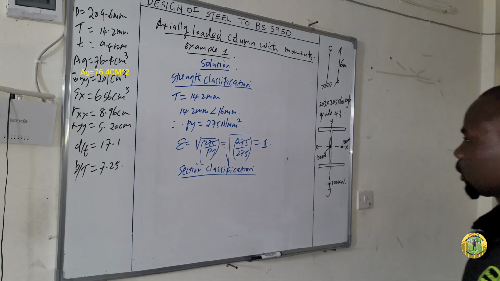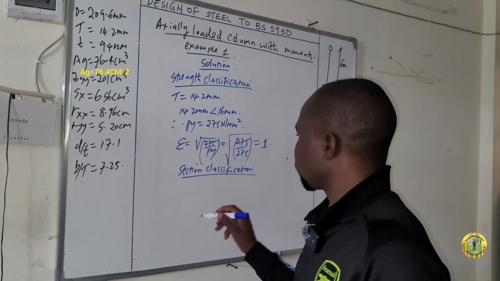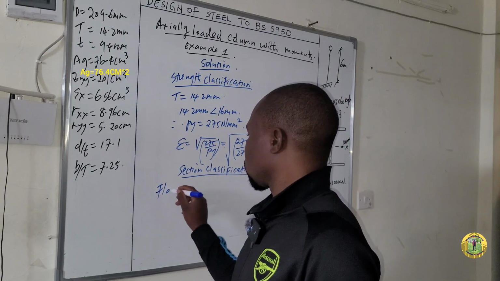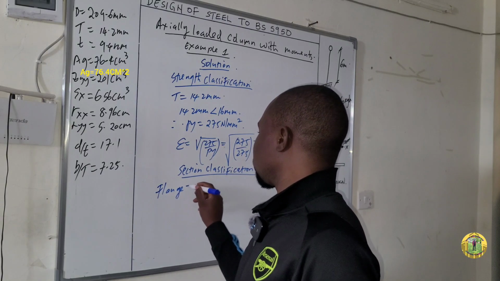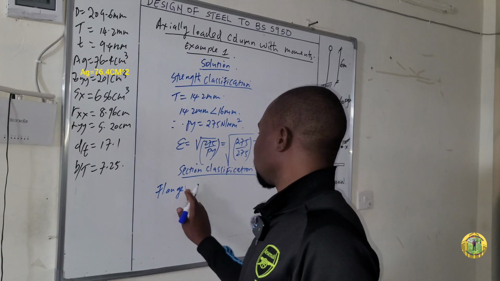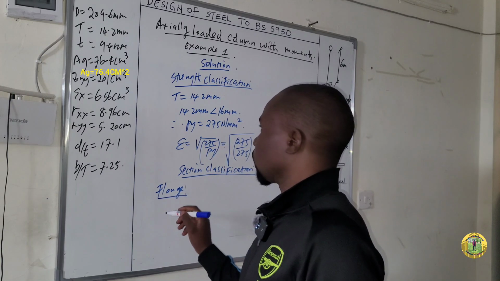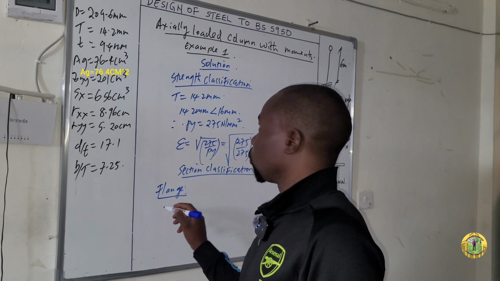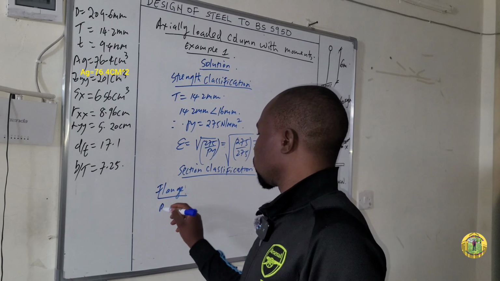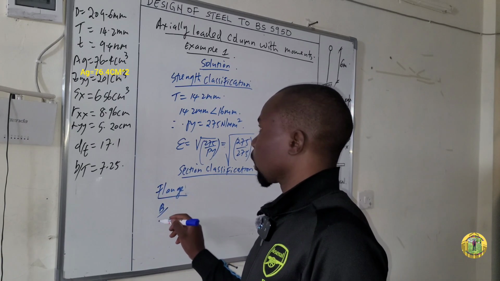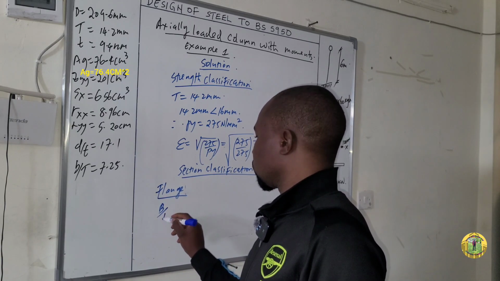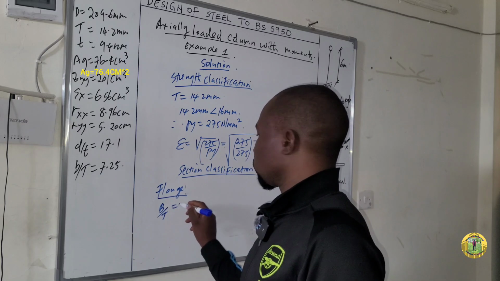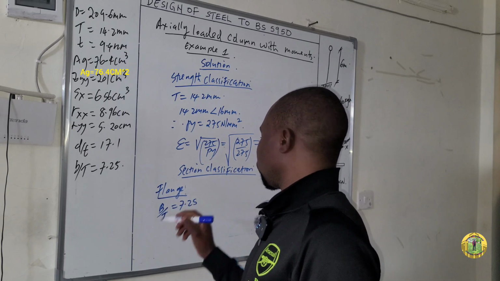So for section classification, we have the flange. For the flange, we always use B over capital T, which is equal to 7.25.